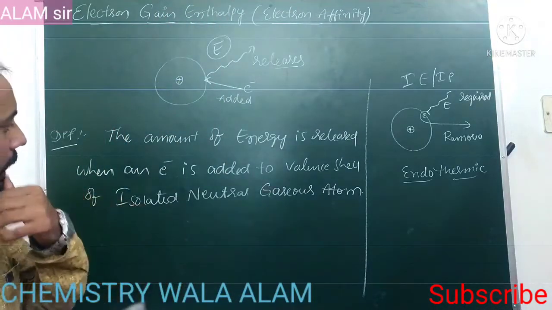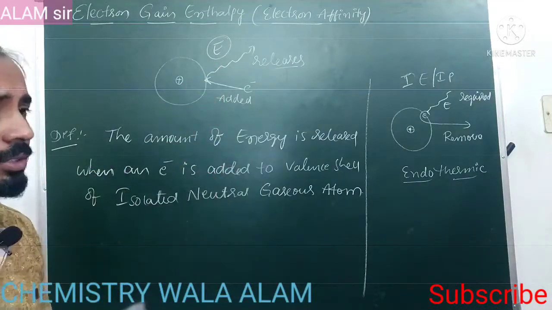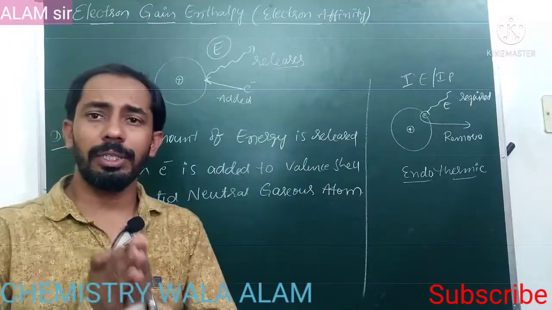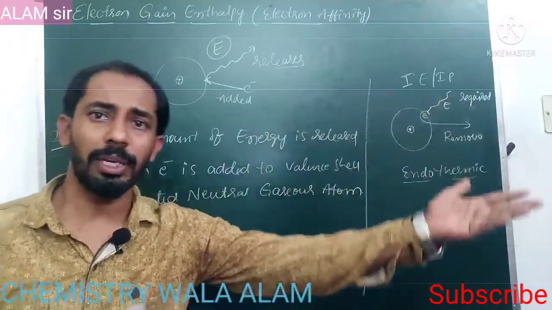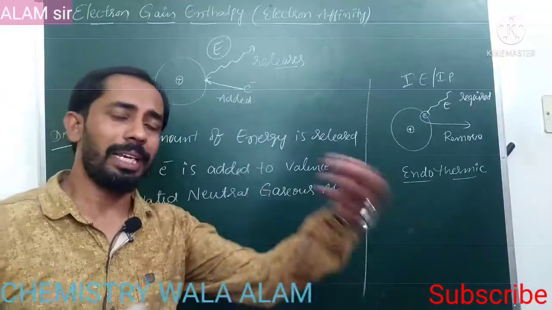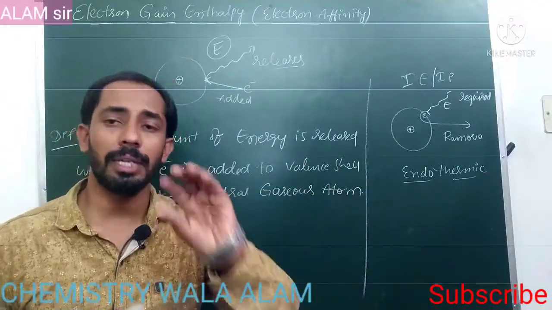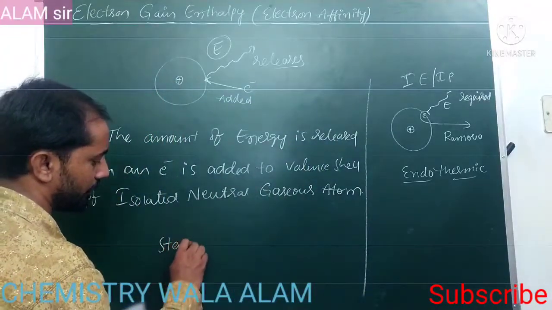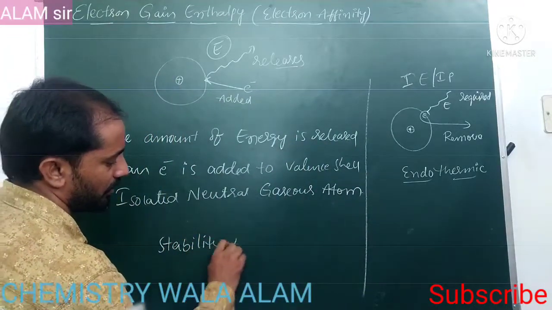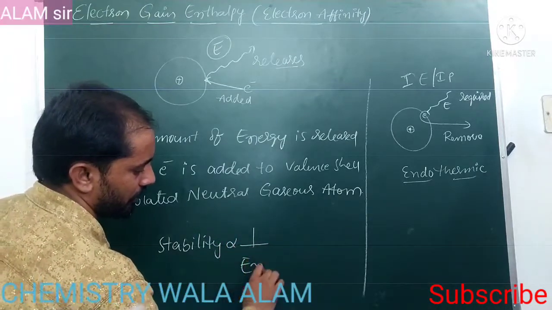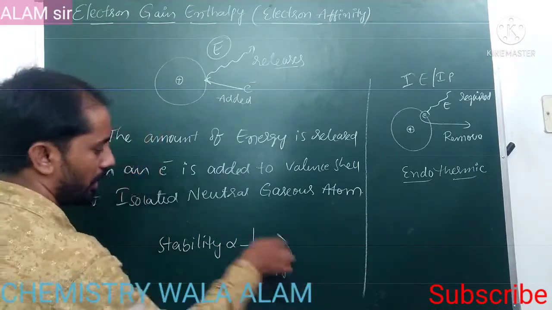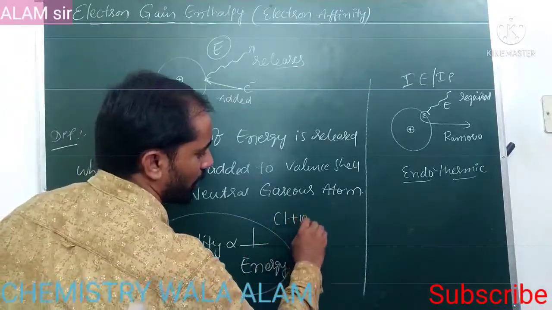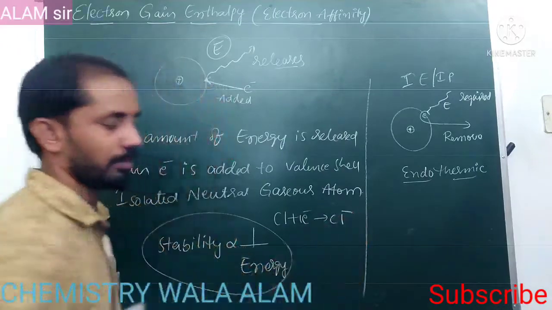Why is energy released? We know that atoms try to get stability. To get stability, some lose electrons and some gain electrons. By gaining an electron, a certain amount of energy is released. We know that stability is inversely proportional to energy. Suppose chlorine gains one electron and is converted into Cl minus.